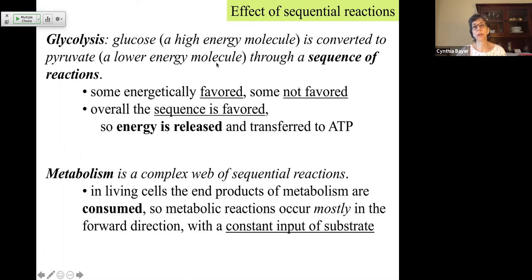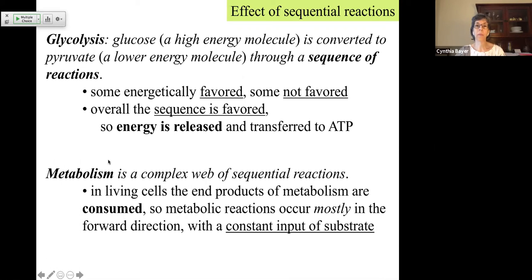Some steps are favored, some are not favored, but overall, the sequence is favored because overall in those 10 steps, the high energy molecule glucose has been converted to the lower energy pyruvate. And along the way, some energy is released, transferred, and essentially held in ATP, so that ATP can do other types of work in the cell.